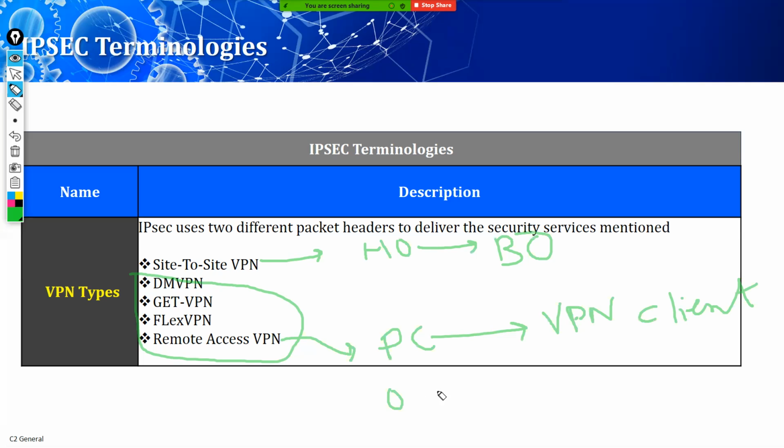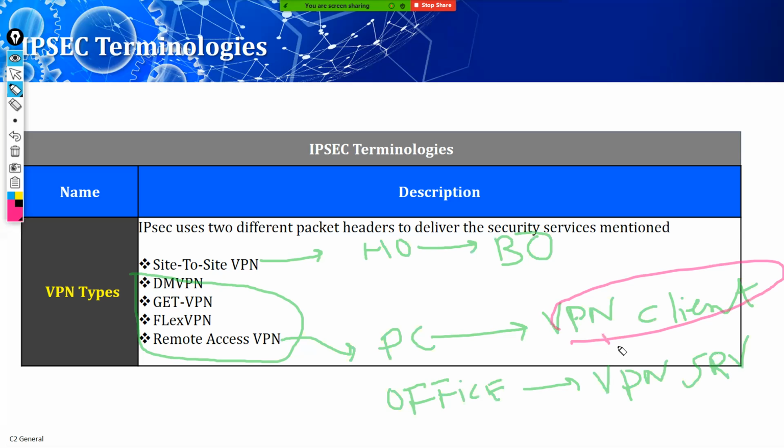On the office side, a VPN server application would be installed, so the session would be established from client to server.